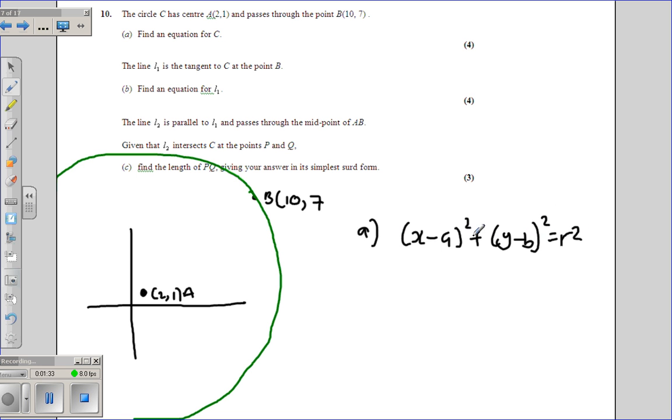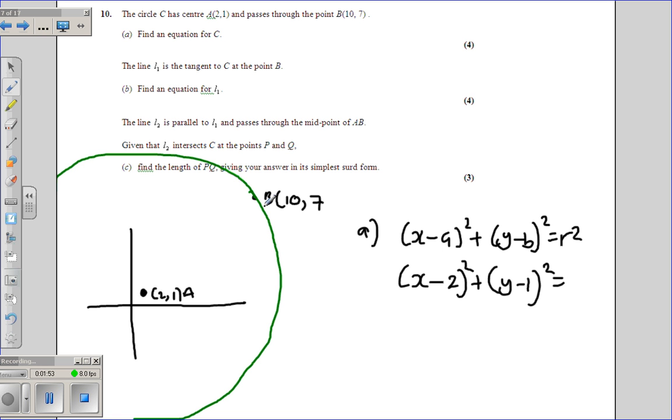It's taken from Pythagoras, where (a, b) is the centre of the circle, so we know that straight away. a is the x coordinate, 2. b is the y coordinate. Don't forget your squares. And r is the radius, but they leave it as r².